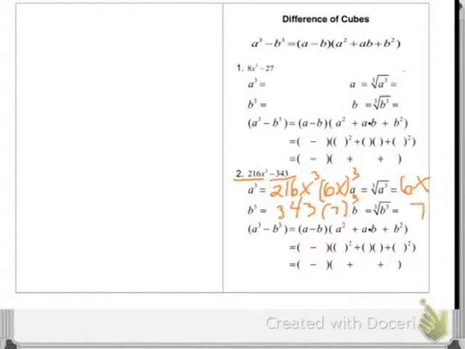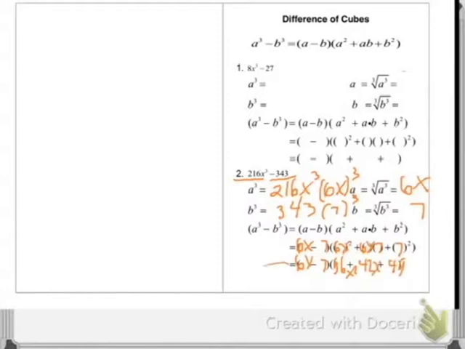We plug this into the equation. A minus B, A squared plus A times B plus B squared. 6x minus 7. 6x squared plus 6x times 7 plus 7 squared. We'll simplify that. 6x minus 7. Then you would get 36x squared plus 7 times 6 is 42x. 7 squared is 49.